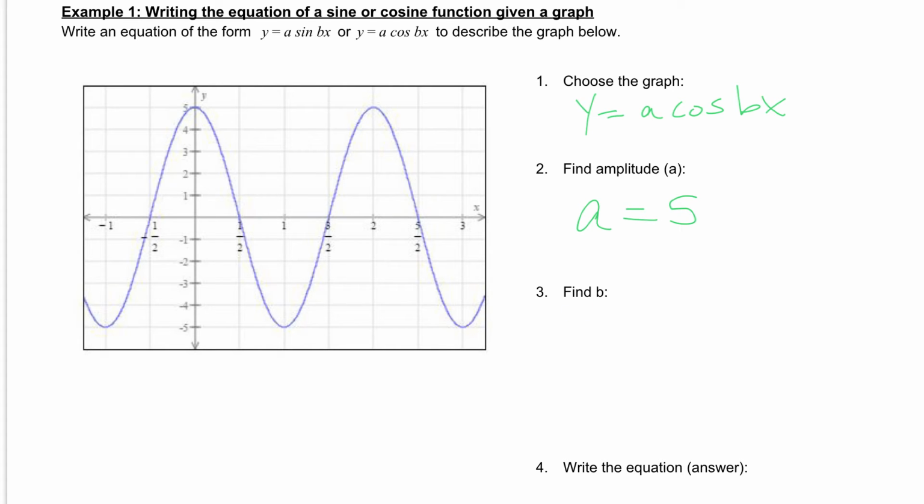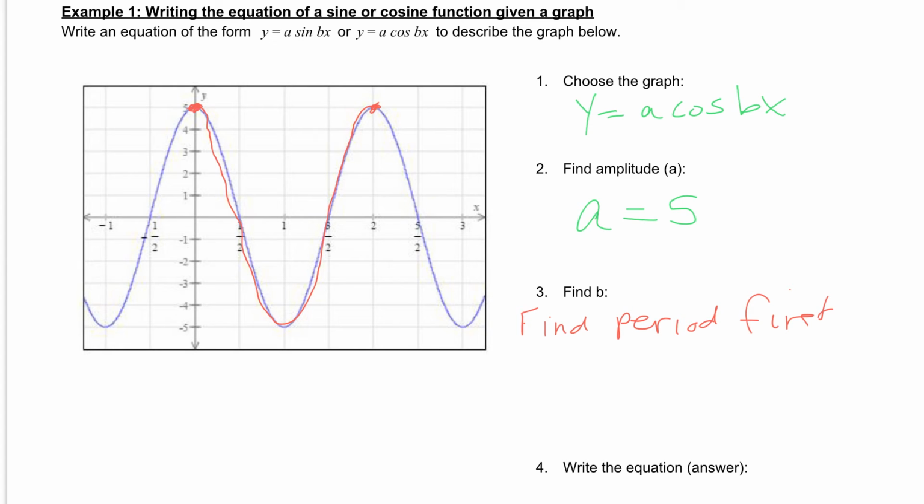Then we need to find the b value. Well, in order to find the b value, we need to find the period first. To find the period, we want to see where we get one full rotation. So our graph is starting here, and one full rotation, we're coming down, up, and over.